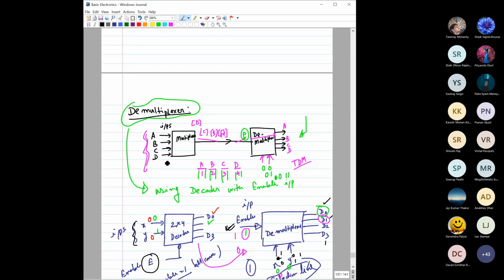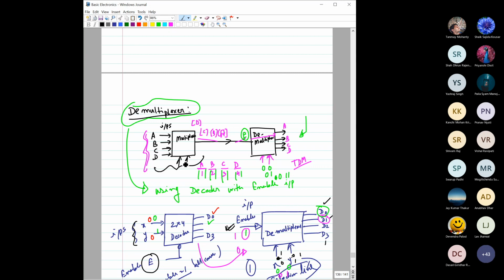So this is basically a multiplexer, right? Here you have so many inputs, but the outputs are always fewer than these input lines, right? Again, there will be some selection lines here.